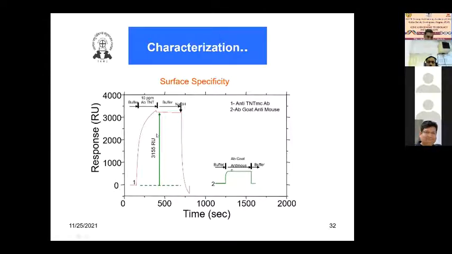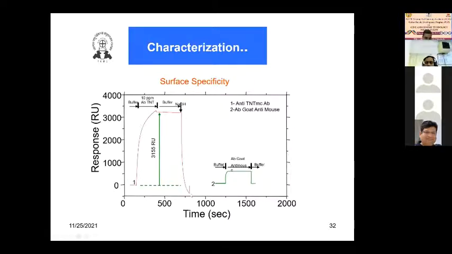This is the response level, and see the behavior here. It binds so fast, within a minute, and then stabilizes for the rest of the part. It's a monoclonal antibody with strong affinity, so all monoclonal antibodies show a strong linear, stable curve here. And then when you regenerate with NaOH, it goes down and comes back.